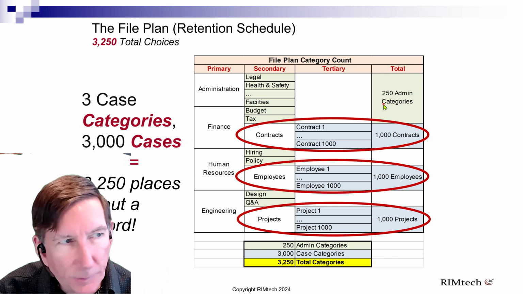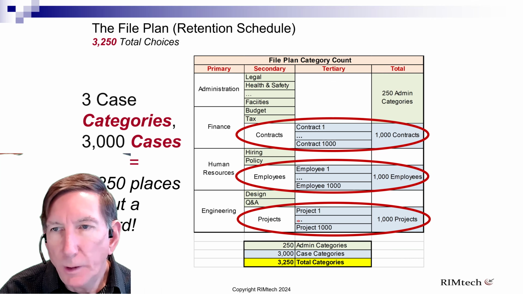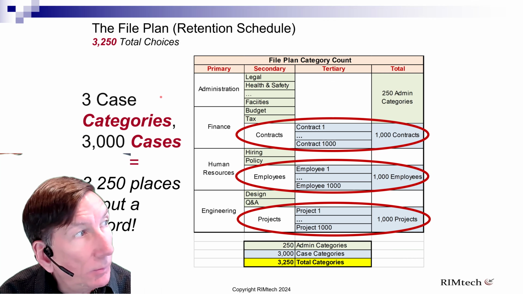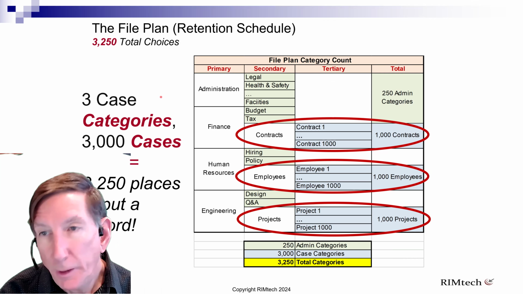So the retention schedule here has 253 categories or business activities, 3 of which are case activities, these 3 here in red, okay? Now let's pretend for a moment that we have, well, we don't pretend, we know we have 12,000 records per day in a typical EDRMS with 1,000 users.